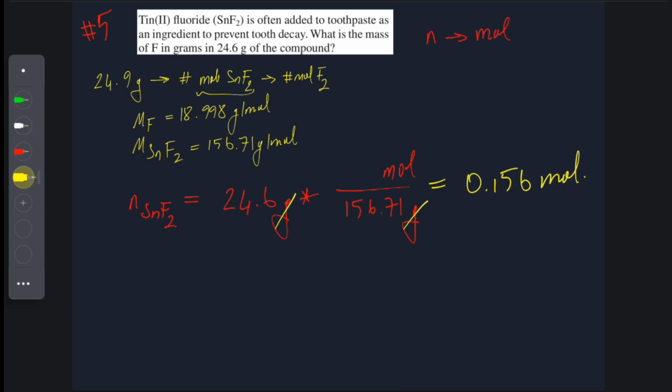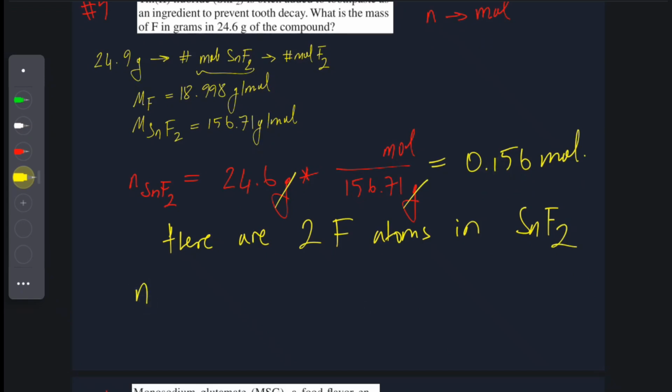What should be important here? There are 2 F atoms in tin fluoride. So the mole number of F is 2 times 0.156, and it is equal to 0.314 mole. We know the molar mass of F, which is 18.998.